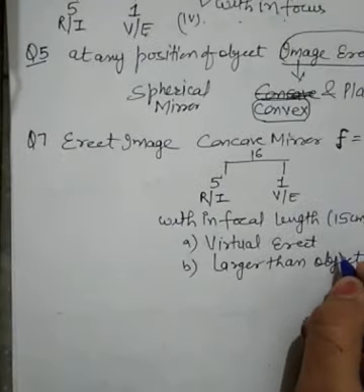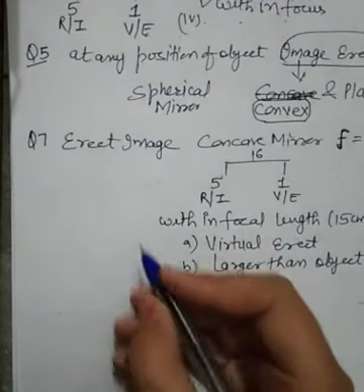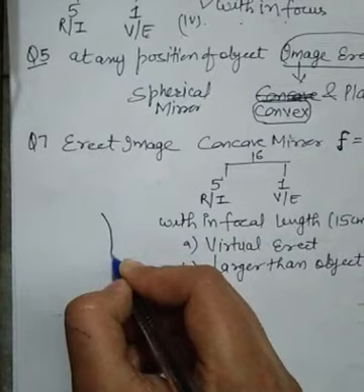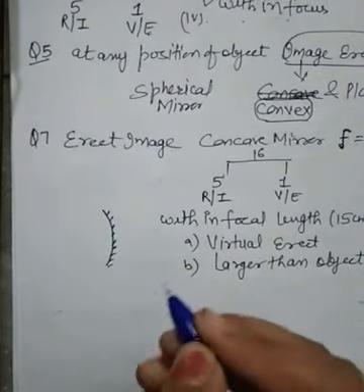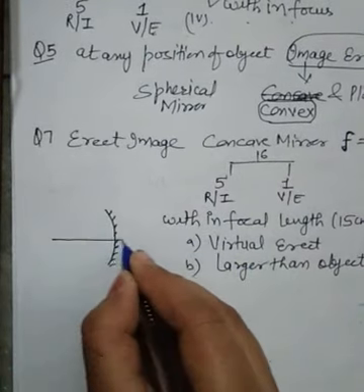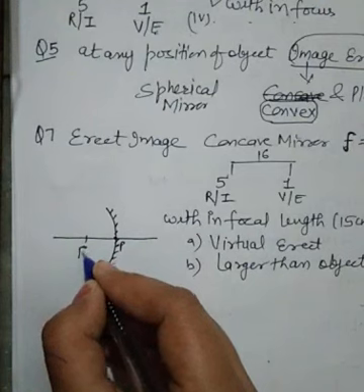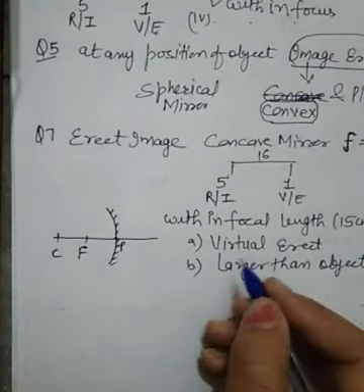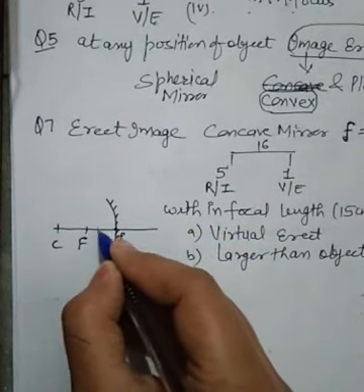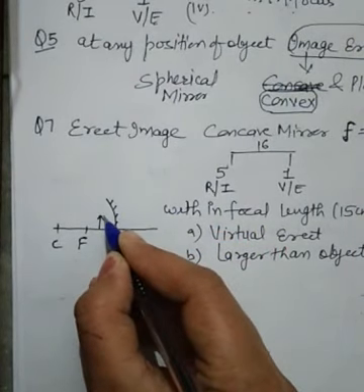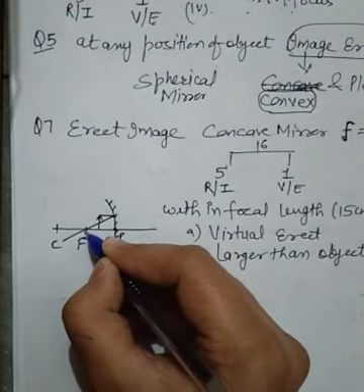At last, the question demands that we draw a ray diagram. It is easy to draw. You have to draw a concave mirror. This one is our pole. This one is our principal focus. This one is our center of curvature. Now if the object is located within focus, the first ray parallel to the principal axis will pass through focus.